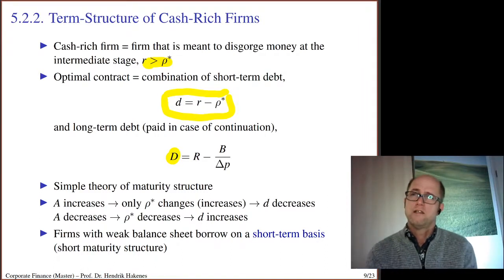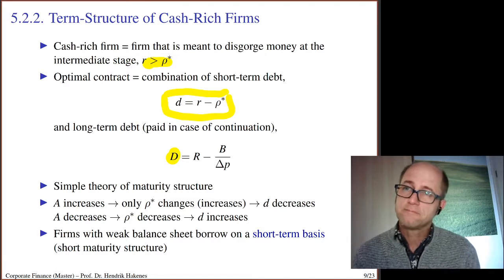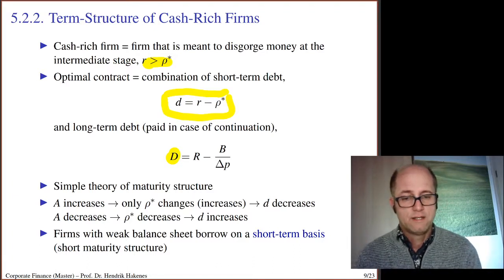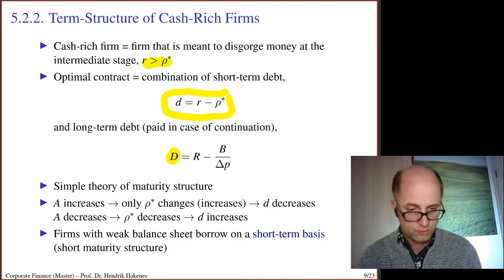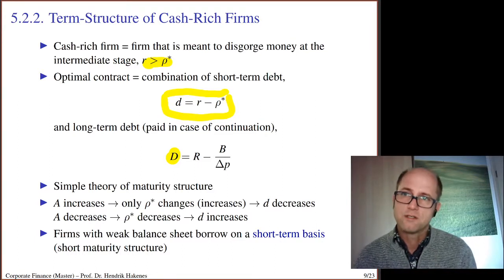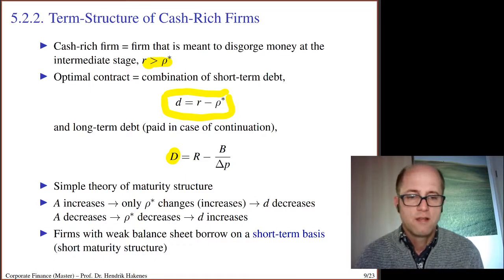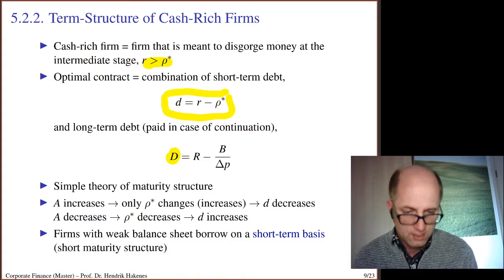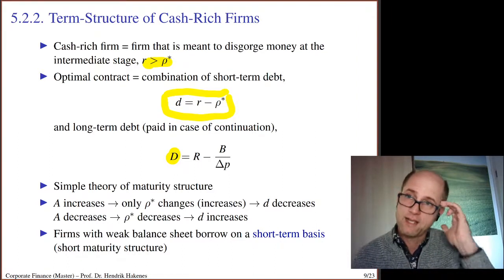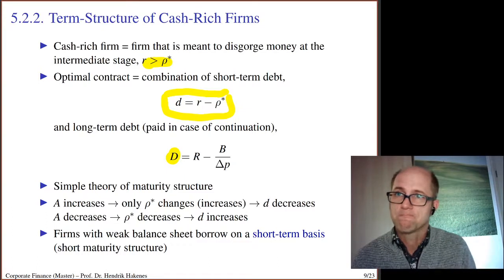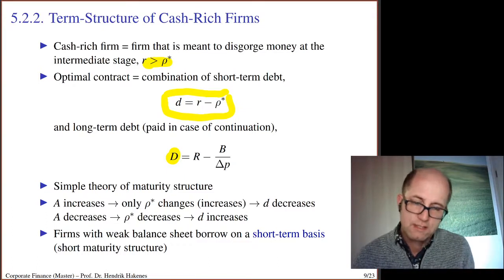So that means if inside equity increases, then the level of long-term debt will stay the same. The level of short-term debt will decrease, and that implies that the maturity of debt gets longer.